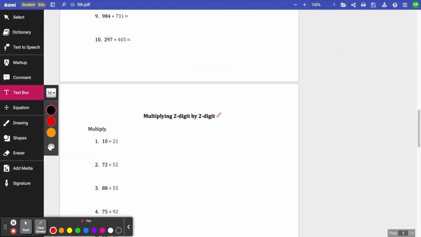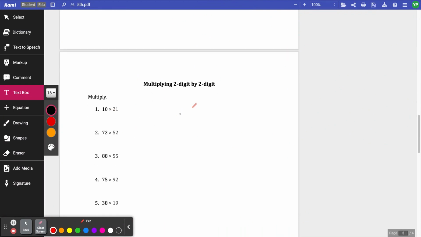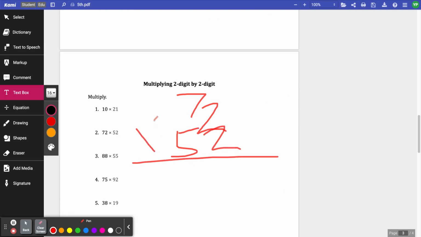Now we'll be looking at multiplying 2-digit by 2-digit numbers. This is what we already did, but we'll go over it one more time. Let's look at number 2. How we do this is we multiply up, and then we multiply crossways. So 2 times 2 is 4. 2 times 7 is 14. Then once you go on to the second number, you put a 0 there for a placeholder.